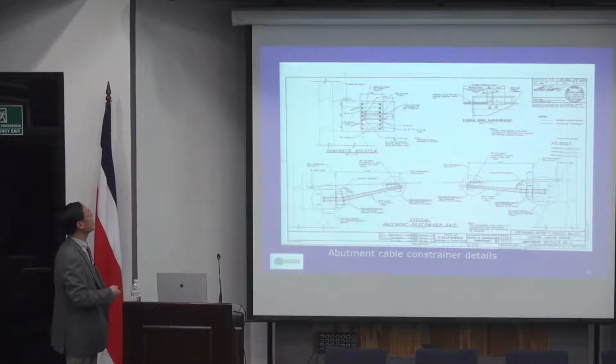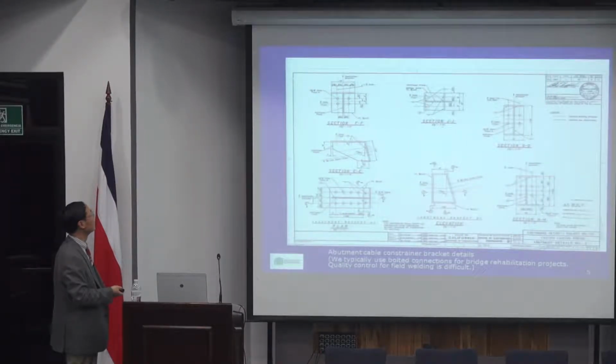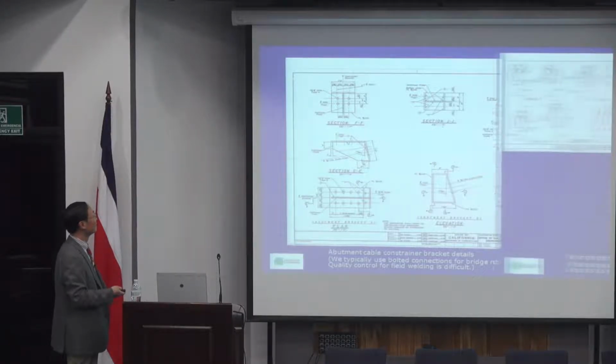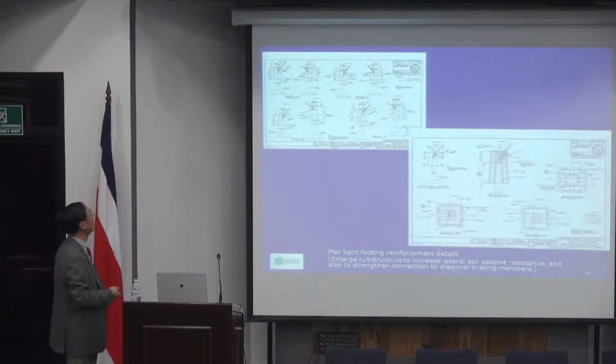And they have very similar details as at the abutment. The abutment has similar details also as piers. They provide sufficient strength to tighten that up if it's fixed. And these are basically the bracket details. And these are the additional connections.